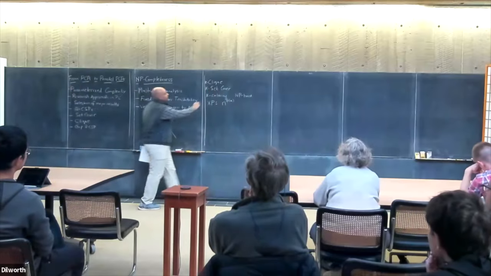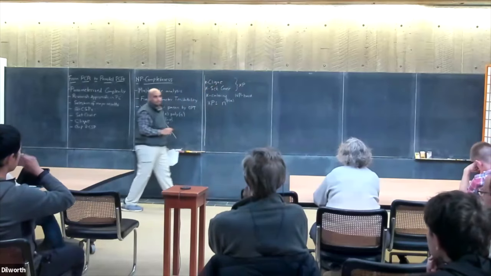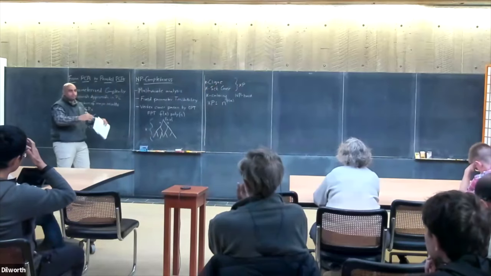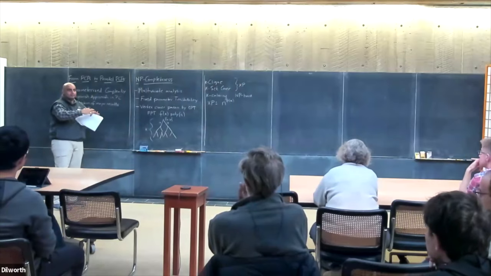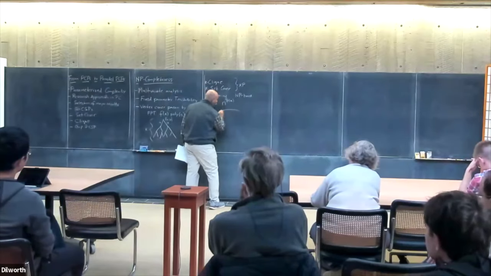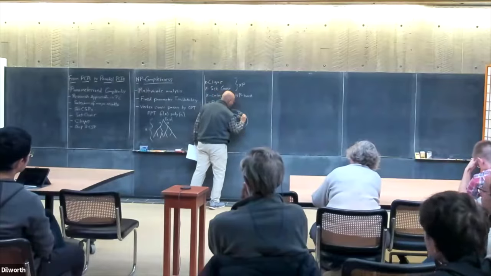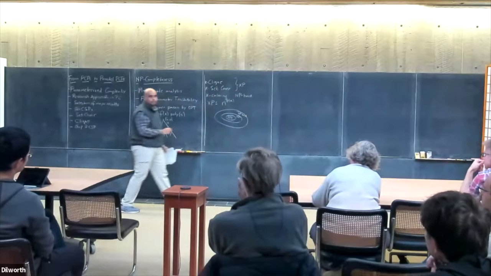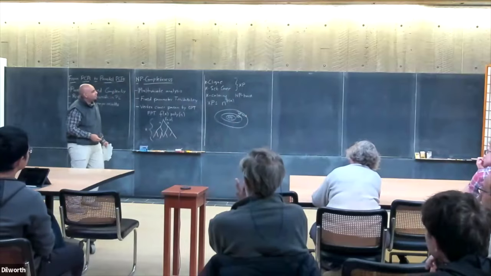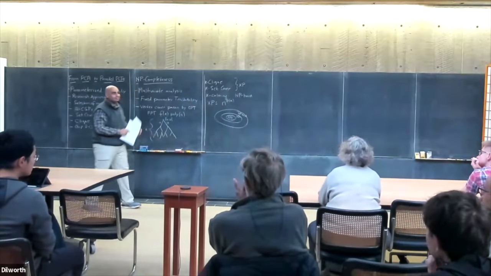So both k clique and k set cover are in XP. So we have this nice picture: you have FPT, then that's contained in XP, and then you have NP-hardness. So far we are good, right?